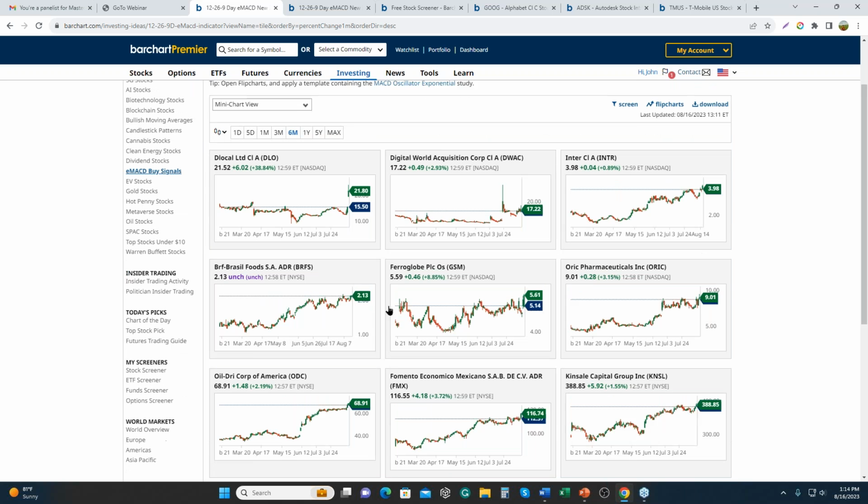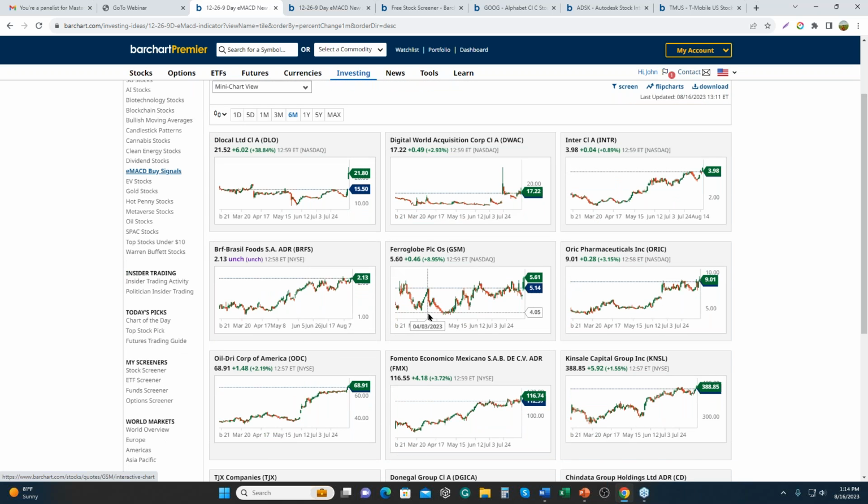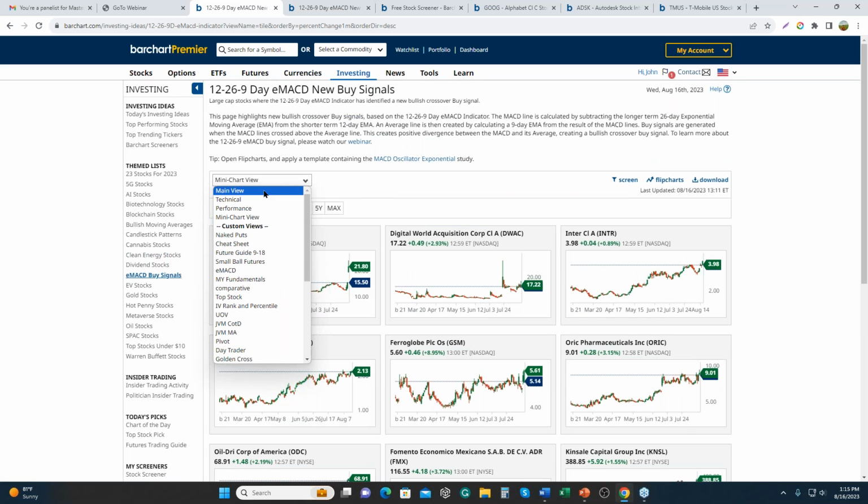What I might start to look for is, again, those stocks where price has kind of paused, gone sideways, and looks like it's about to break out. So there are several candidates that fit this category. So let's go back to our main view.